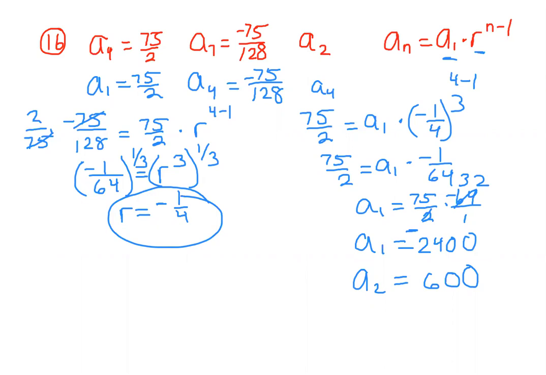So let's look at the explicit versus recursive formulas. Remember how we did that before? For number 17, we've got 2, negative 10, 50, negative 250. And for our explicit, we're going to use this formula that we have.